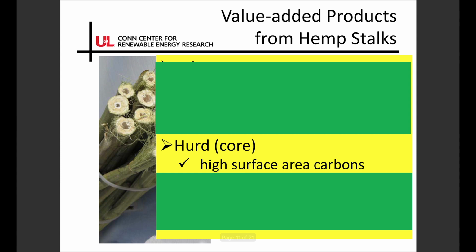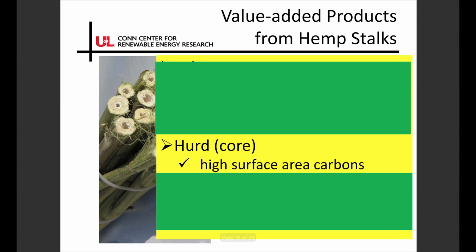activated carbons, we get at the most 100 square meters per gram surface area. But the moment we go through our process, we remove hemicellulose and all that stuff, we get up to 1200 square meters per gram. The electric storage capacity is directly proportional to the surface area. So high surface area means you can store more.